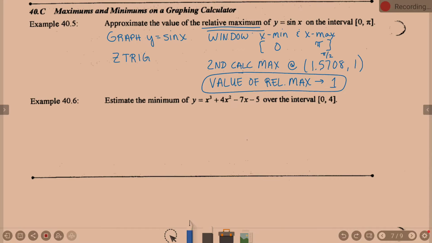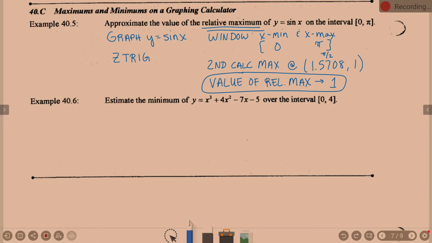I know in pre-cal, a lot of times I'd write the ordered pair for a min or a max. Realize, if they want to know where is the maximum happening, so where is the max? That's your x value, pi over 2. What is your max? 1. What is the value of the max? Max is the y value.